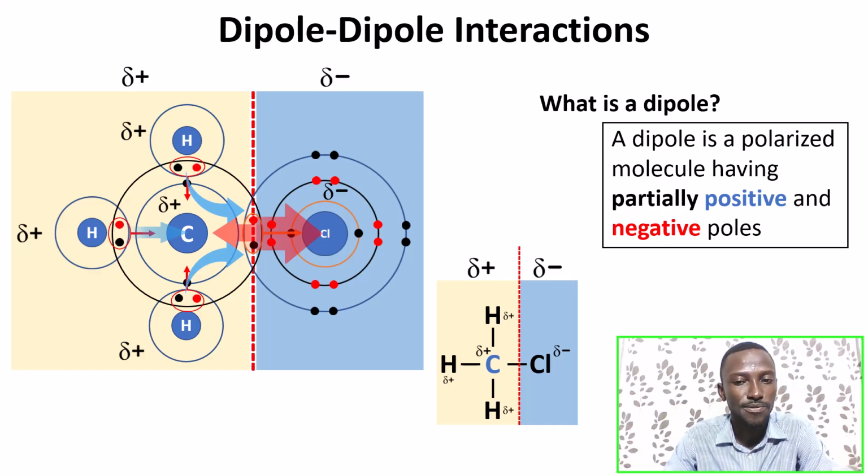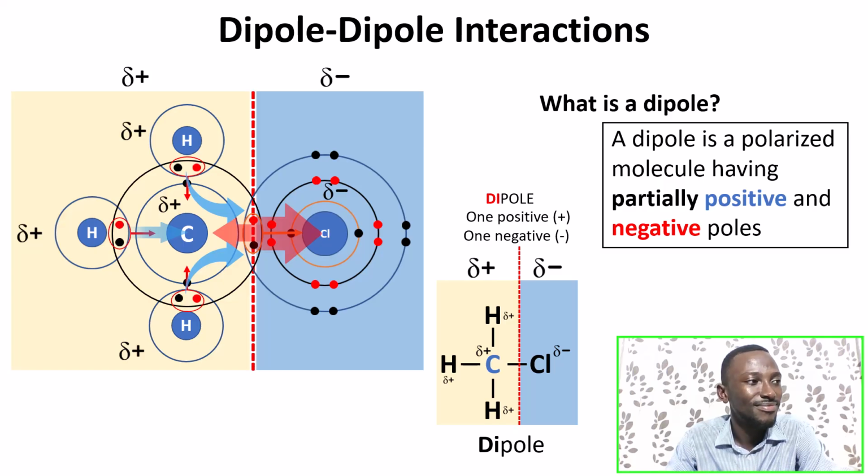So we have how many poles? 2 poles. A positive pole and a negative pole. But in chemistry, instead of saying 2 poles, we say dipole. So that's how the name came about. So dipole simply means 2 poles.